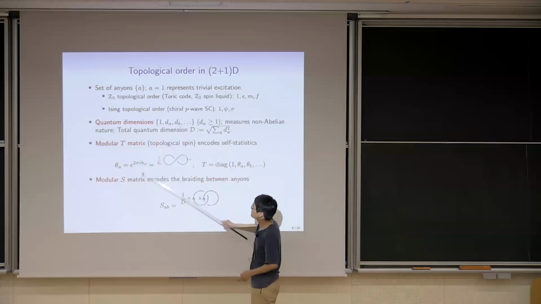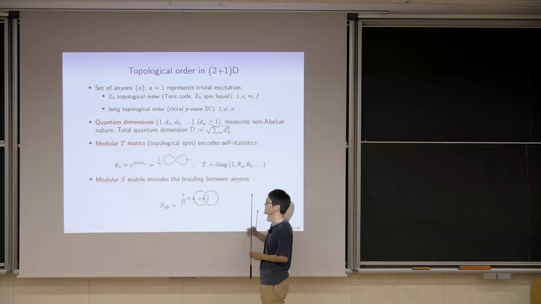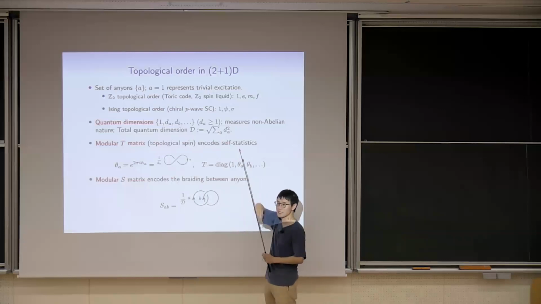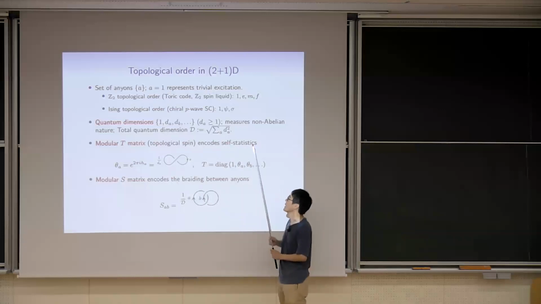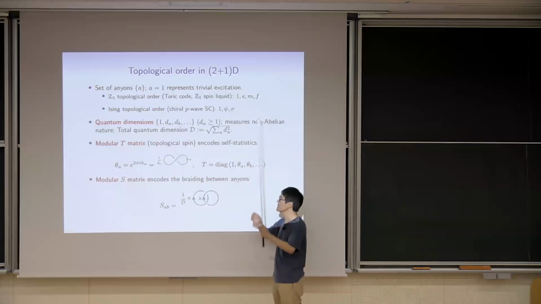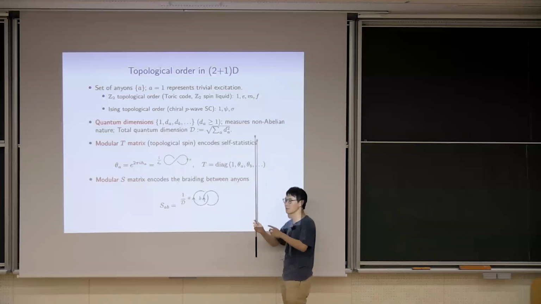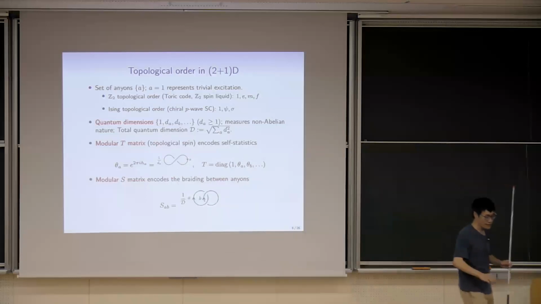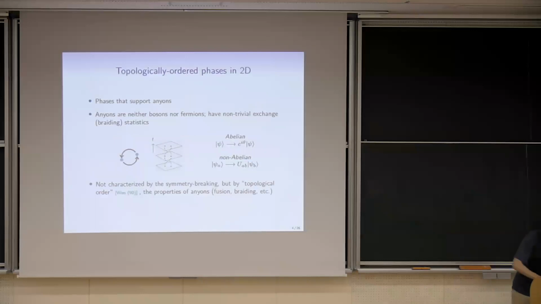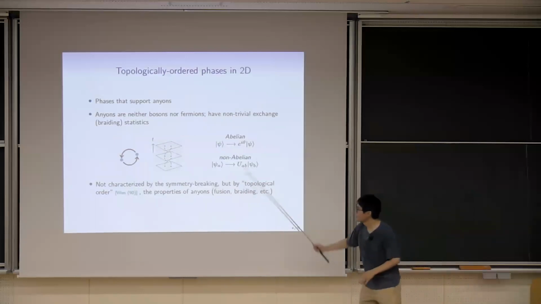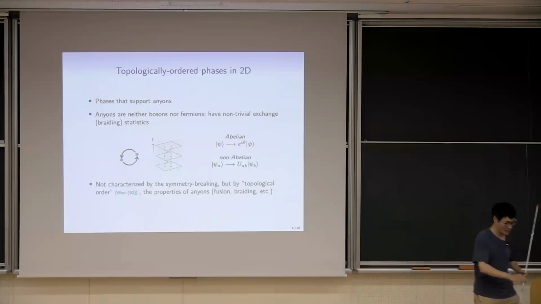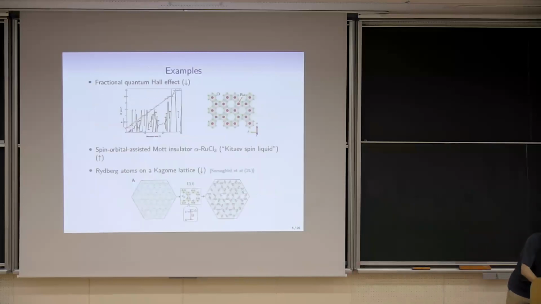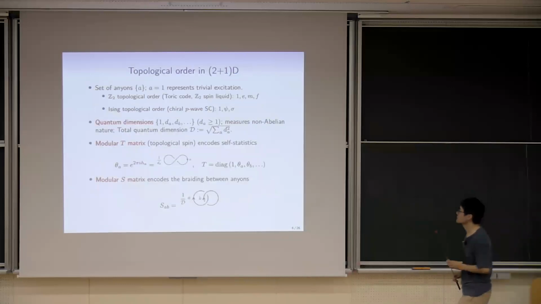The other two are more related to statistics. Theta is related to the self-statistics of anyons, or what we may call spin. As we twist the world line of anyons, this picture is supposed to describe the world line of anyons. You can associate some sort of number to each trajectory of anyons.